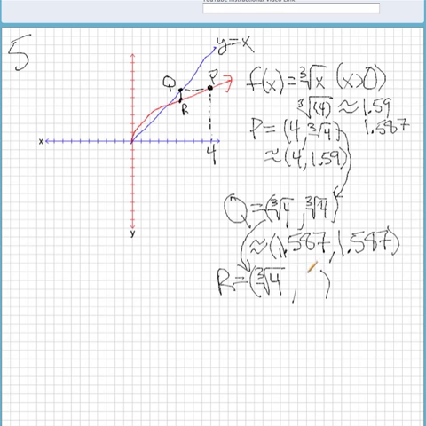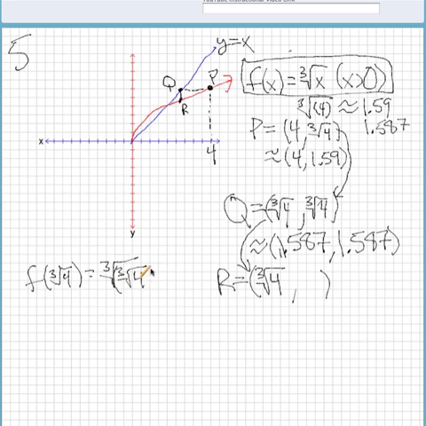And to find the y coordinate, we have to plug what our x coordinate is into this original equation right here. So f of the cubed root of 4 is going to be the cubed root of the cubed root of 4, because that's what goes in here.